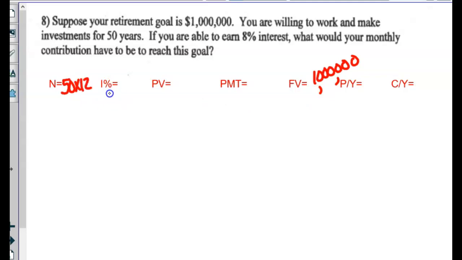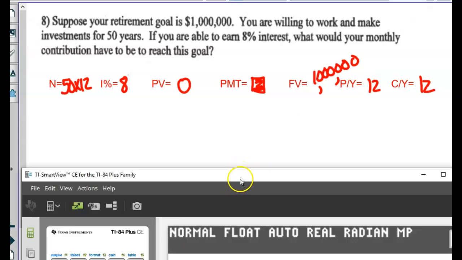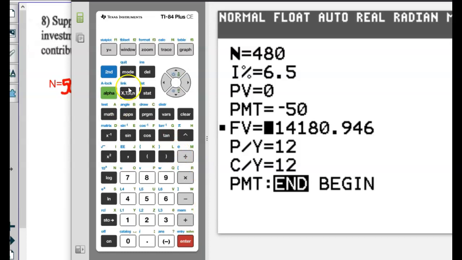Because it says, what monthly contribution should we make? 8%, present value 0, but the payment is what we're trying to figure out, yes? How much money do we put in there? So, I suppose I should do this on here so that the video catches it, but 50 times 12.